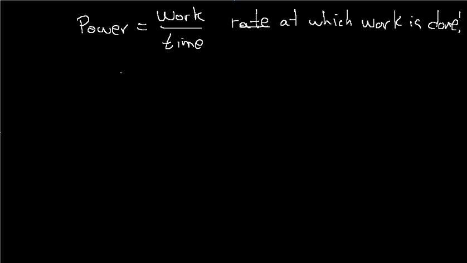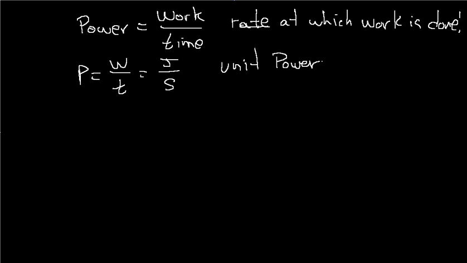So let's look at the units of power. Power is work over time. The units of work are joules. The units of time are seconds. So the units for power are going to be the joule per second, and that is known as the watt.